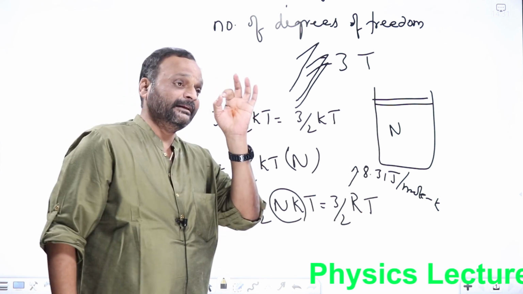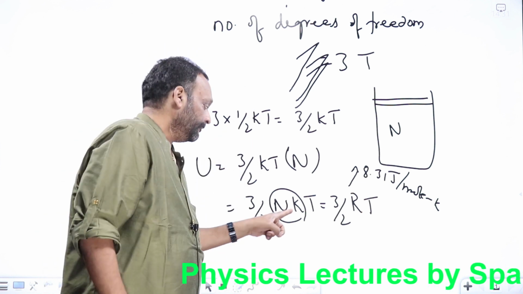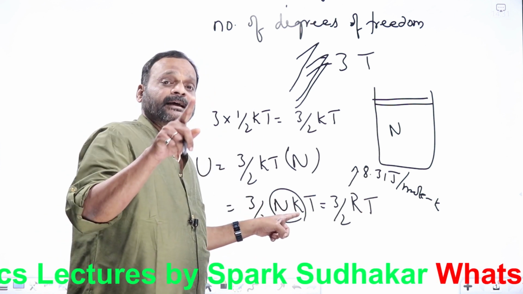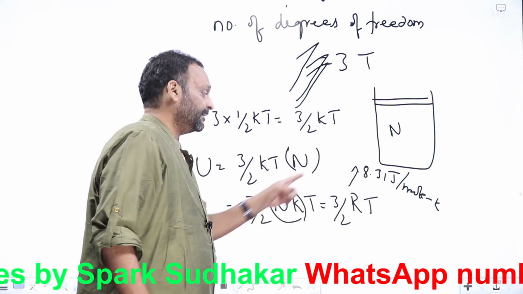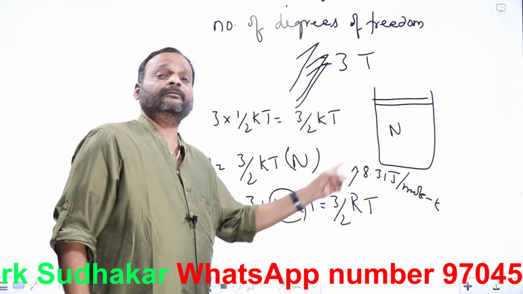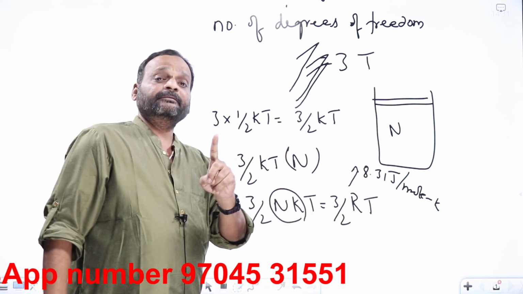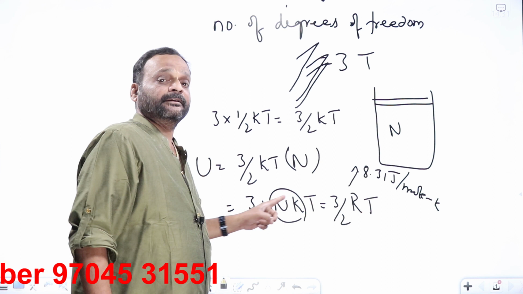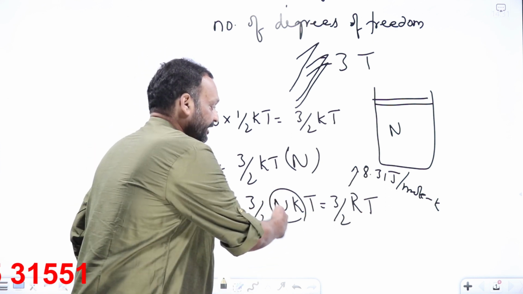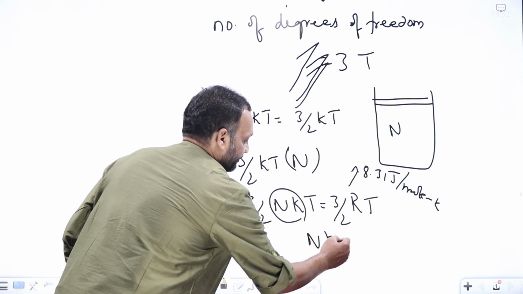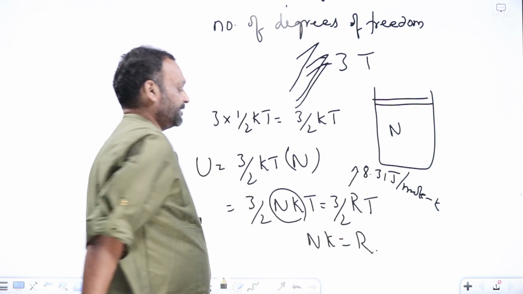When I'm talking about an individual atom or molecule, we use the constant k. So Boltzmann's constant is the gas constant for each molecule, whereas R is the gas constant for 1 mole. How to get the constant for 1 mole from an individual atom or molecule? Multiply it with Avogadro number. So N into k is equal to our gas constant R, remember.